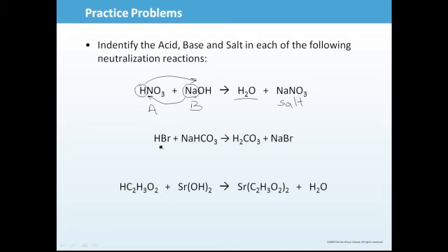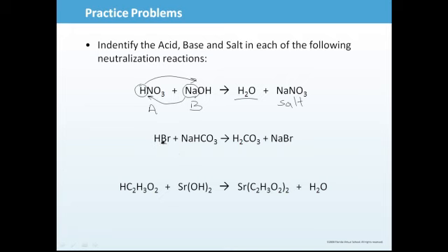All right, let's try the second one. We have HBr plus NaHCO3, sodium bicarbonate, and this is hydrobromic acid. Kind of gave that one away there. All right, but again, looking at where we start and where we end, here we have HBr. Over on this side, the Br is now with the Na. So that means the Br had to have given up the hydrogen.